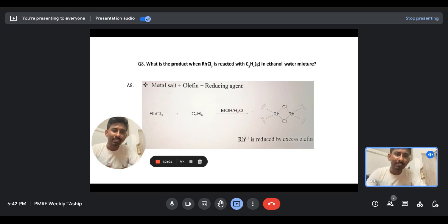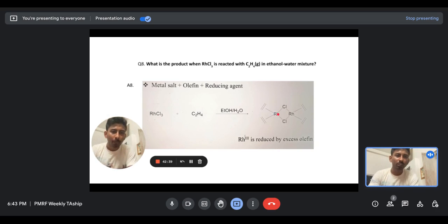In this case, the rhodium 3 center will come to the next form, that is rhodium 1. We know that instead of rhodium 2, rhodium 1 is one of the most stable configurations of rhodium. So in this case two rhodium centers come into picture with chloride bridging. Two rhodiums will retain two Cl, and the other Cl minus will be eliminated, and the C2H4 will get bound to the rhodium 1 center.